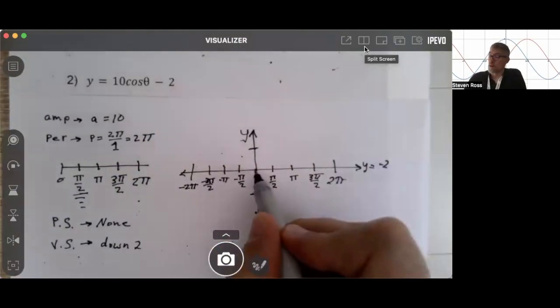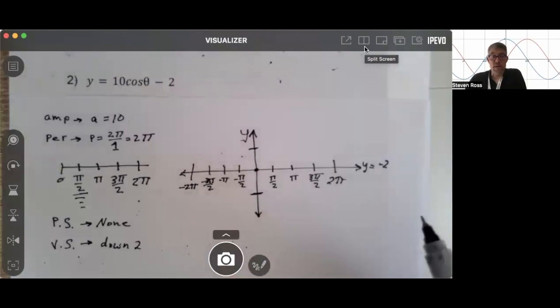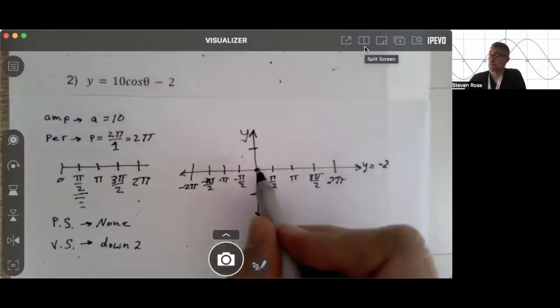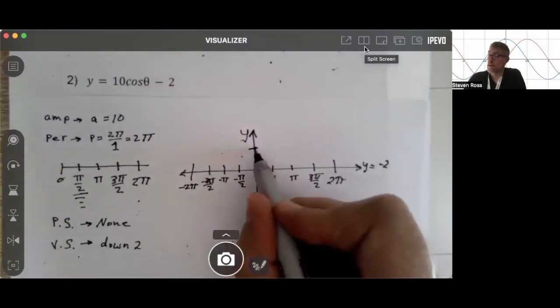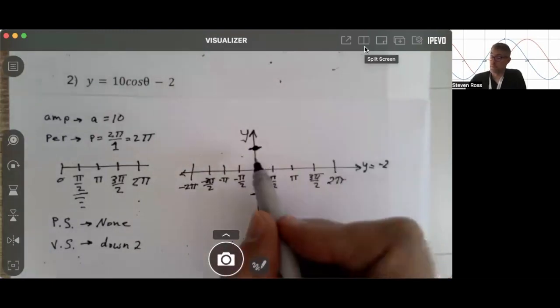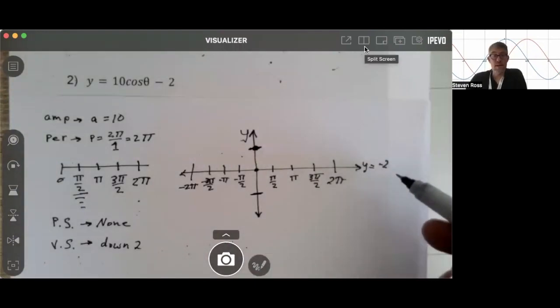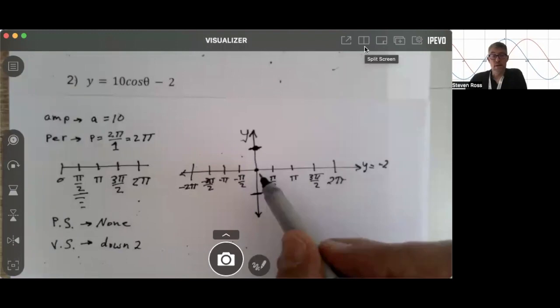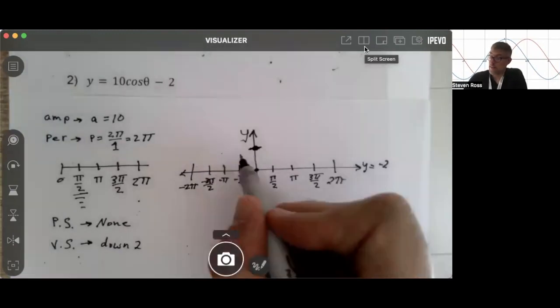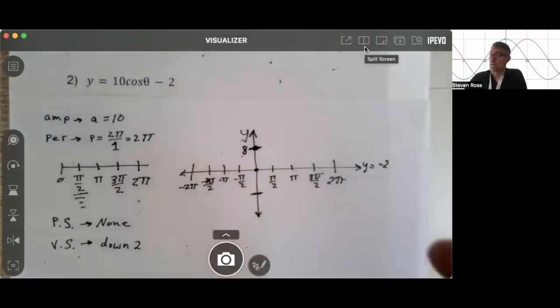Okay, starting point for sine would be at the origin, but this one happens to be a cosine. So it's going to start up here at its maximum. So that's its starting point. What is that value though? If we started at negative 2 and we're adding a 10 to that, then this goes up to 8.